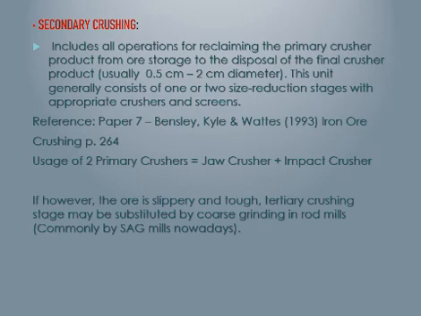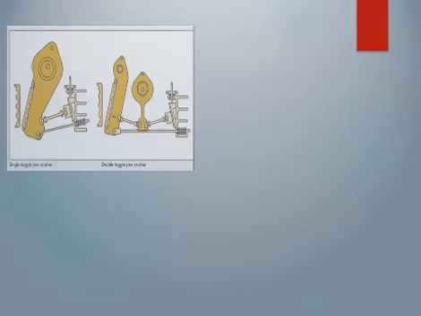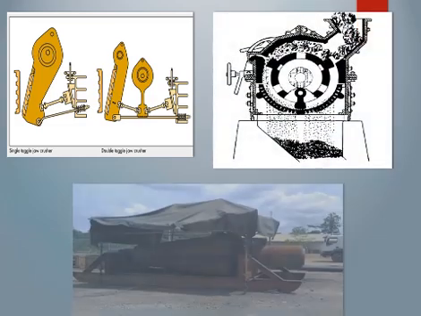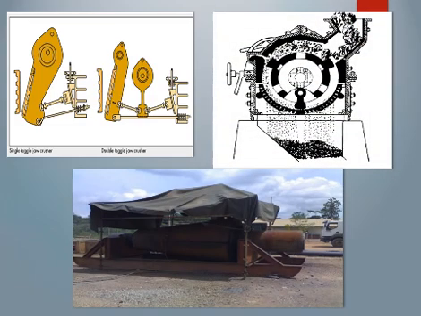Usage of two primary crushers: we have the jaw crusher plus the impact crusher. If, however, the ore is slippery and tough, the tertiary crushing stage may be substituted by coarse grinding or rod mills, commonly by ball mills nowadays. Here we have the tertiary, primary, and secondary crushers.